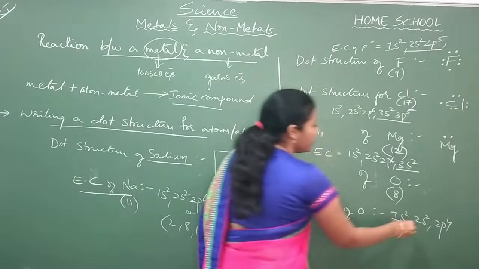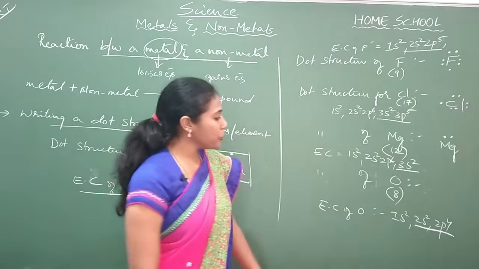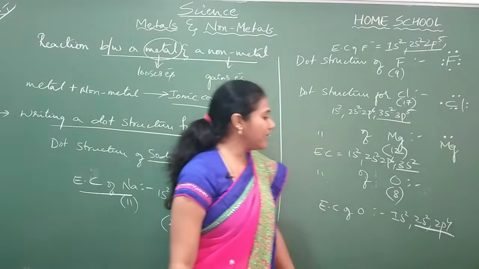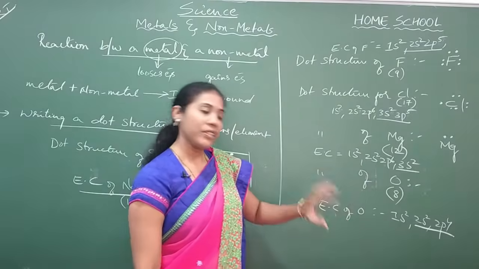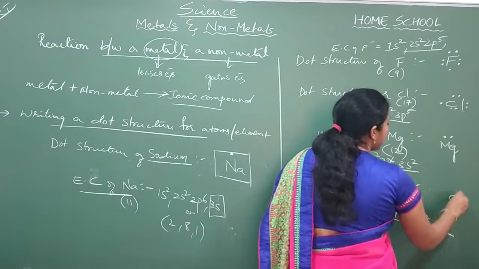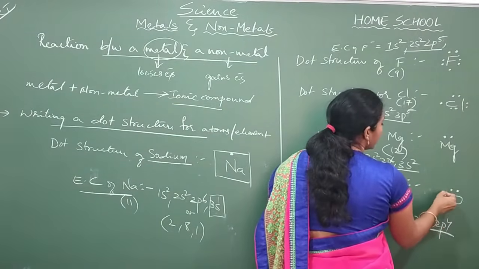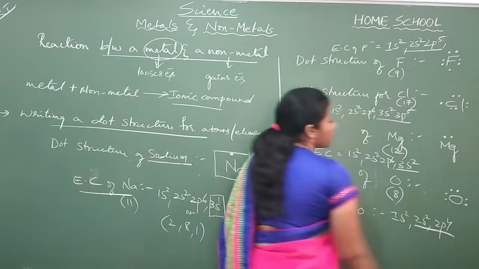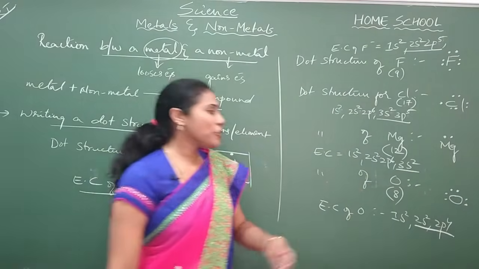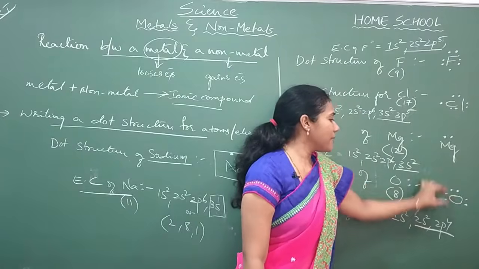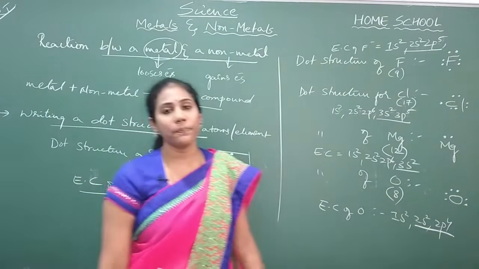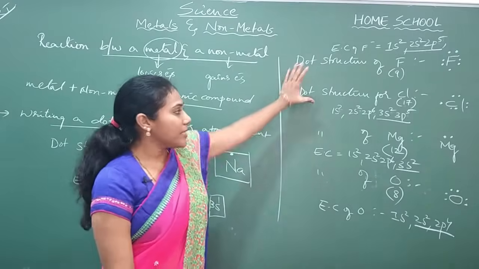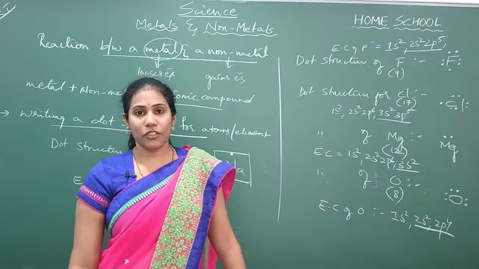In the outermost shell, that is the second shell, how many electrons are there? 4 plus 2, 6. So you put 6 electrons: 1, 2, 3, 4, 5, 6. When you have more electrons, show 2 electrons together as a pair, and nicely arrange them around the symbol. This is the way of writing the dot structure.